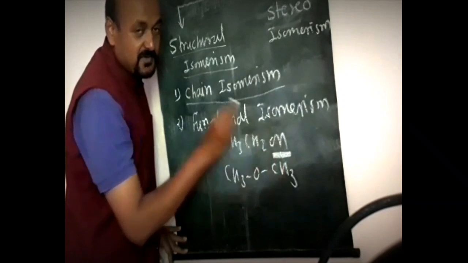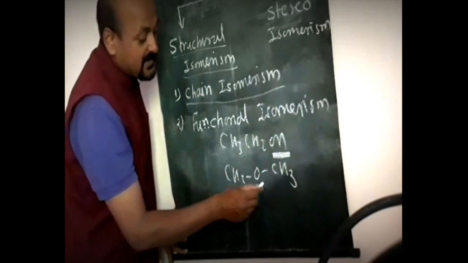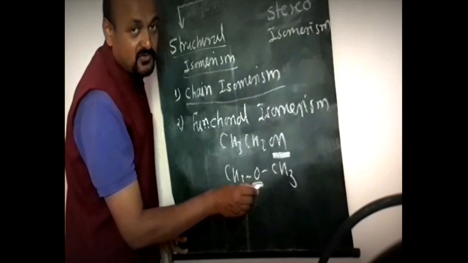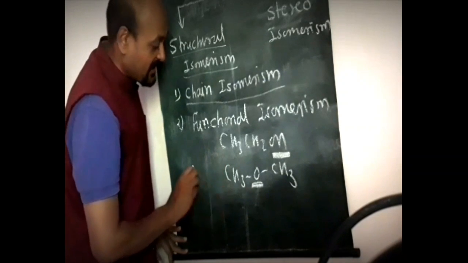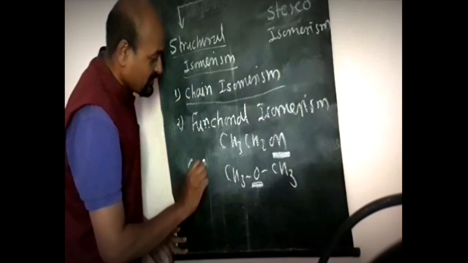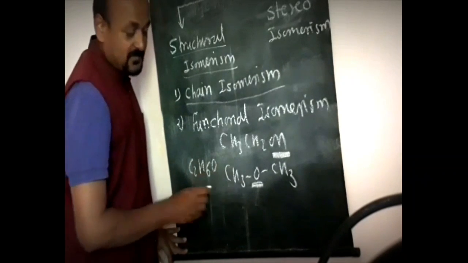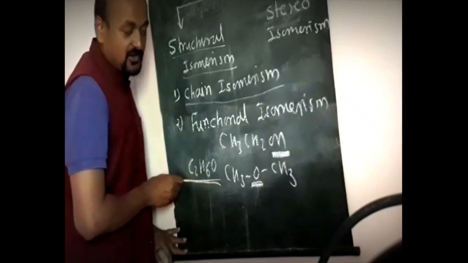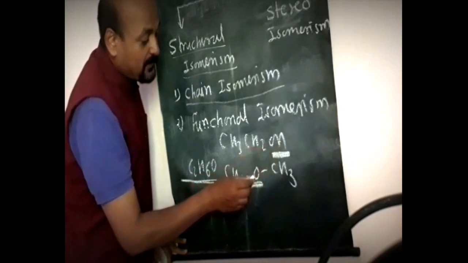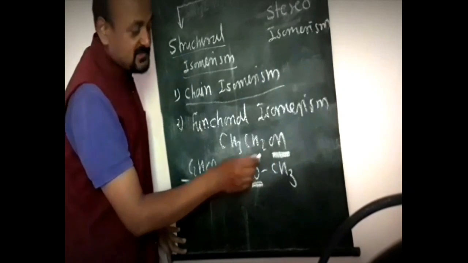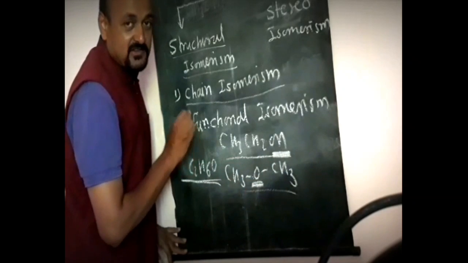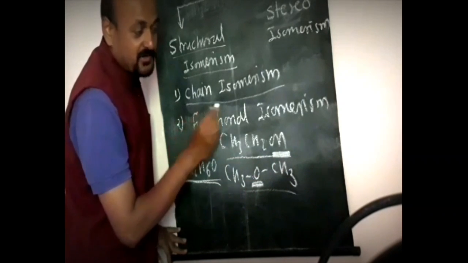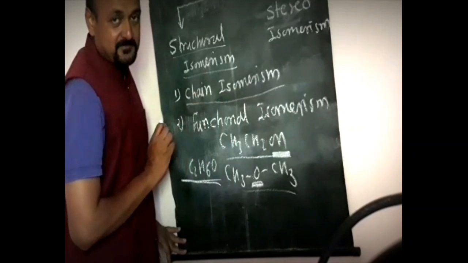Here the functional group is alcoholic, whereas here the functional group is an ether group. These two compounds have the same molecular formula, C2H6O, but different functional groups. Such isomers are known as functional isomers, and this phenomenon is known as functional isomerism.